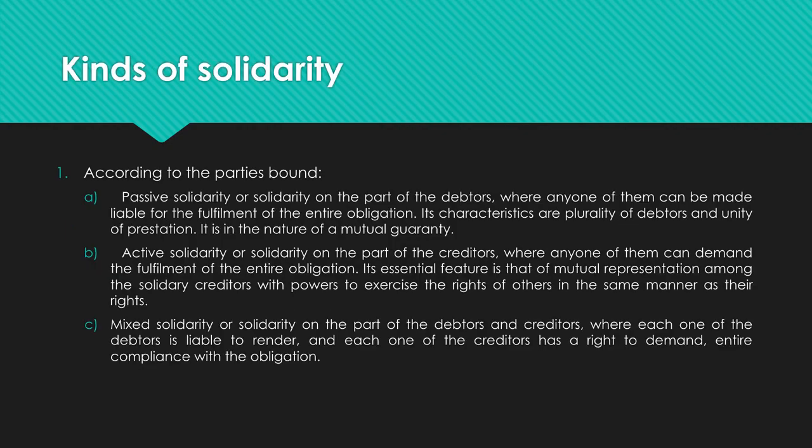So, kinds of solidarity according to the parties: passive solidarity or solidarity on the part of the debtors, where any one of them can be made liable for the fulfillment of the obligation. Its characteristics are plurality of debtors and unity of prestation. It is in the nature of a mutual guarantee. Meron din tayo active solidarity or solidarity on the part of the creditors. This one, where any one of them can demand the fulfillment of the entire obligation.